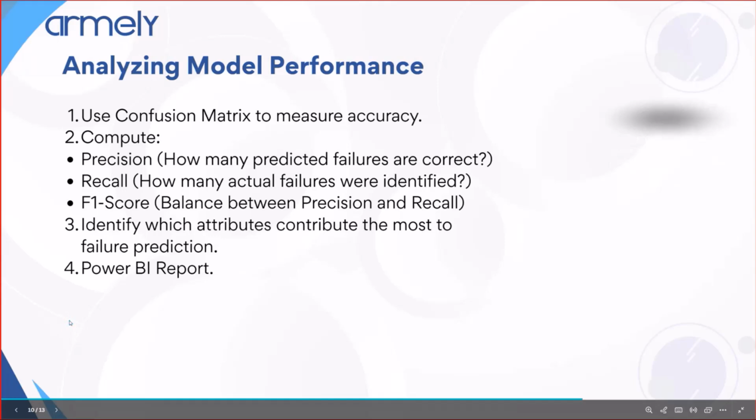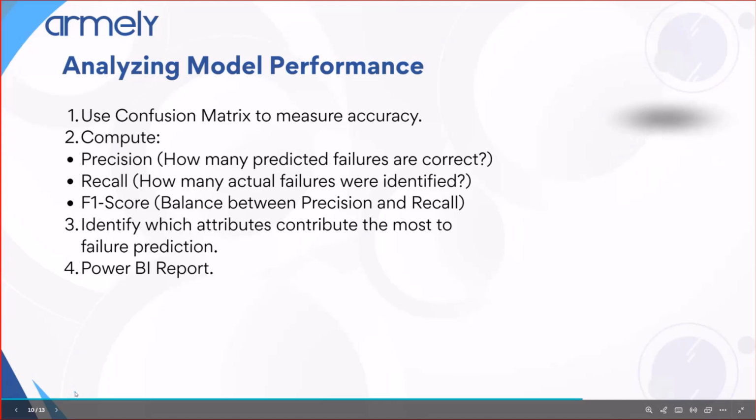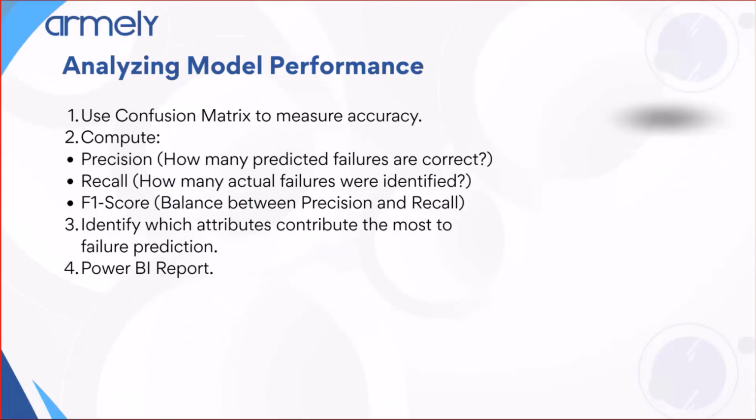So we want to know how accurate is our model, and are we getting the right results? In doing that, we have something we call the confusion matrix, which gives us the true positives, true negatives, which is basically the actual versus predicted.